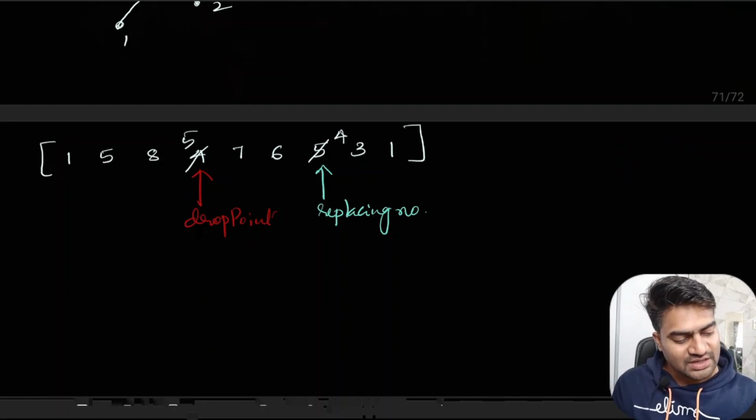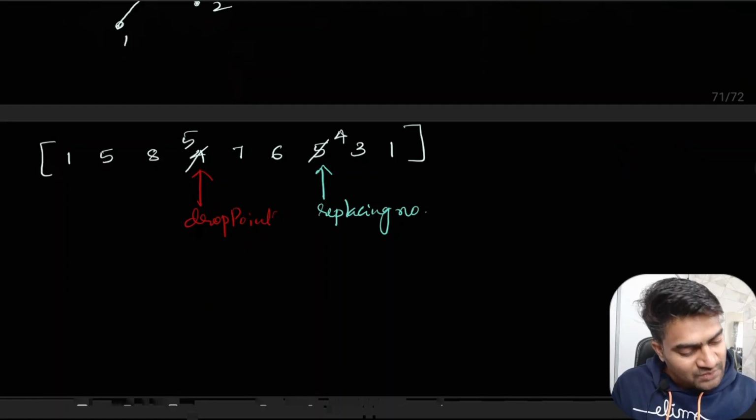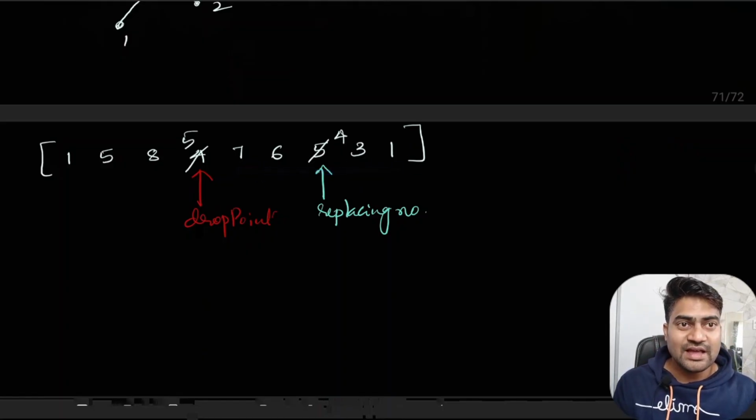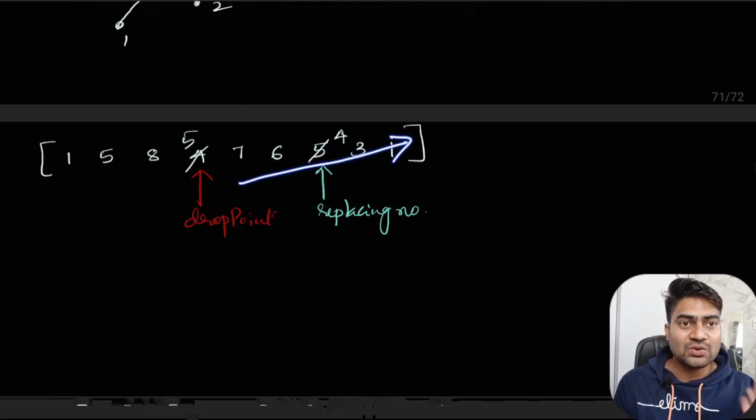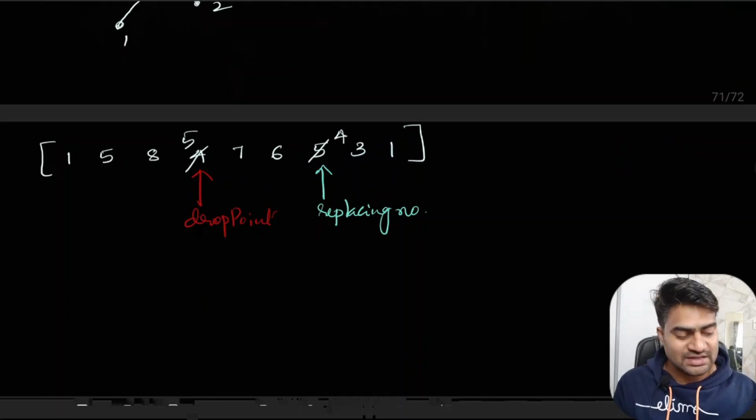So what we saw is that we will have to arrange these elements in ascending order. Currently, it is in descending order, right? But we want it in ascending order to get the least highest number, correct?